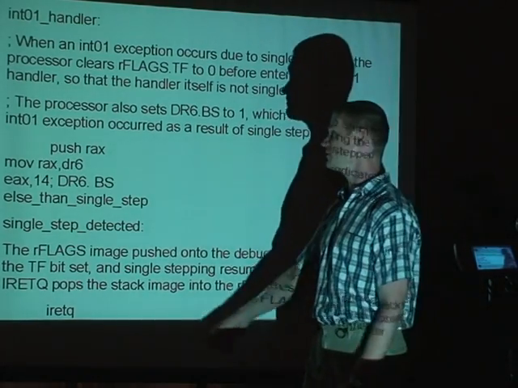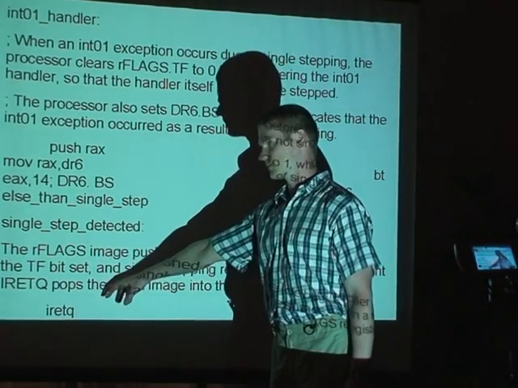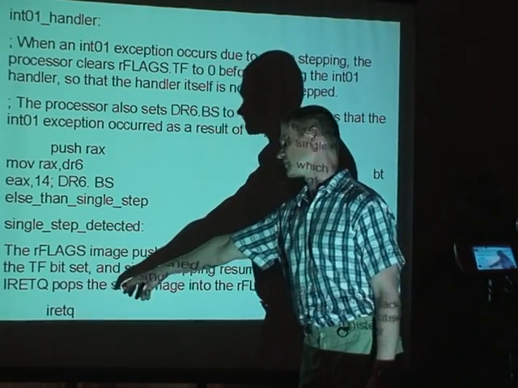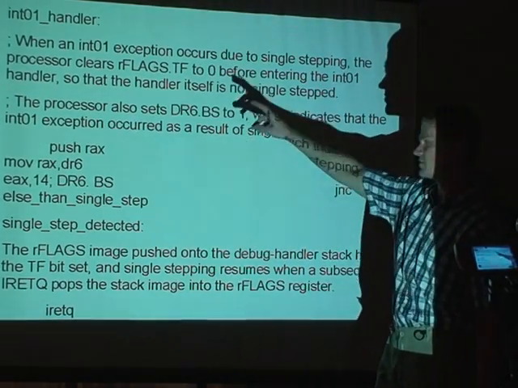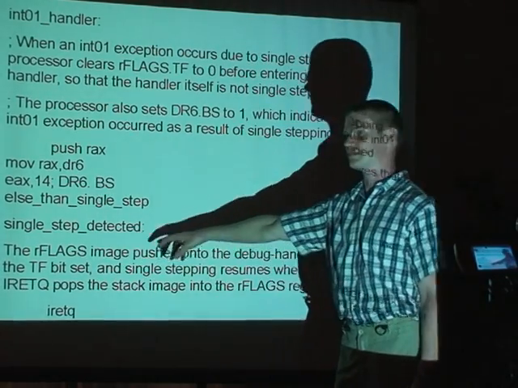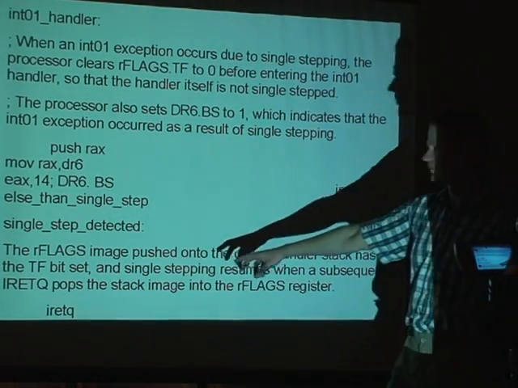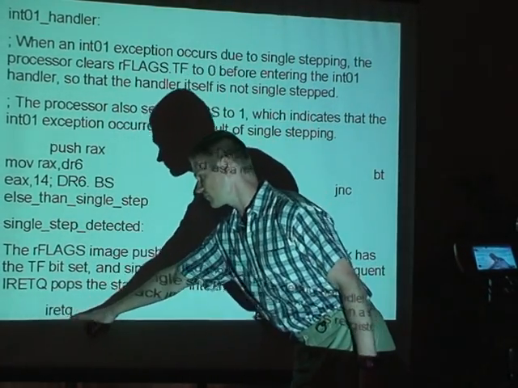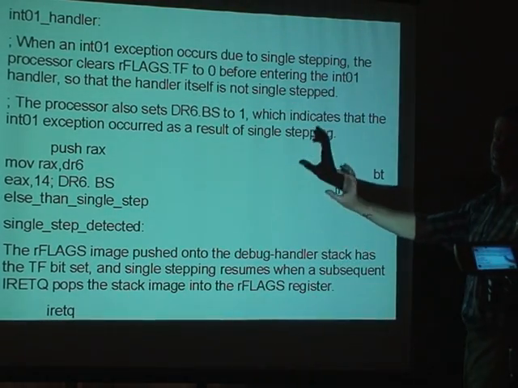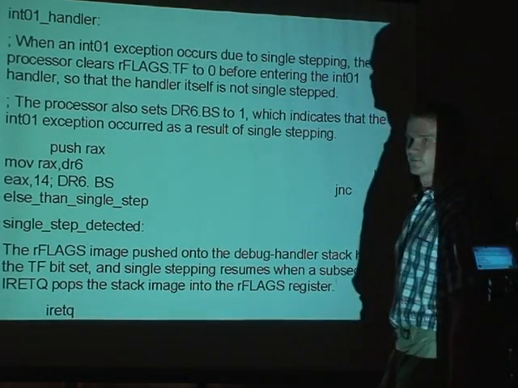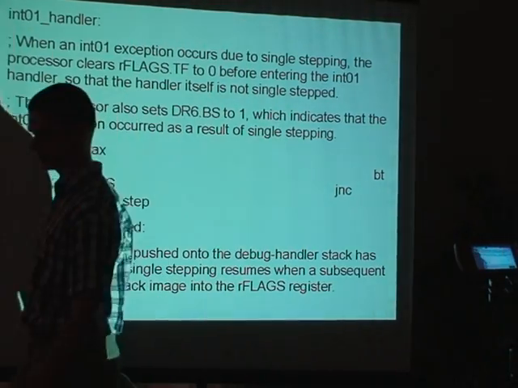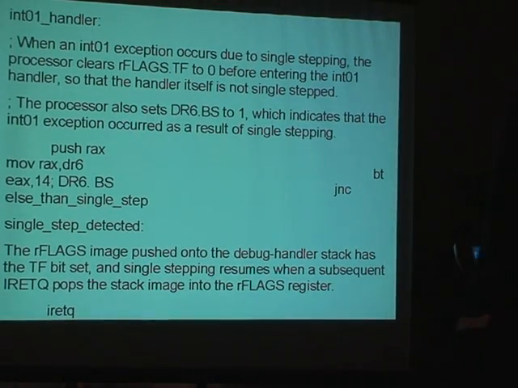And at the end of handling, the CPU pops the correct image of the flag register with the trap flag set. So after returning from the interrupt, the trap flag is set again. So the following instruction may trigger interrupt 1 again.